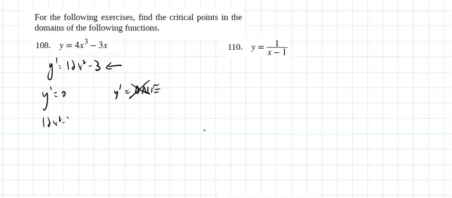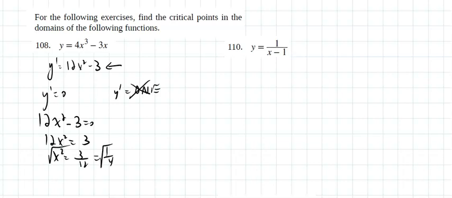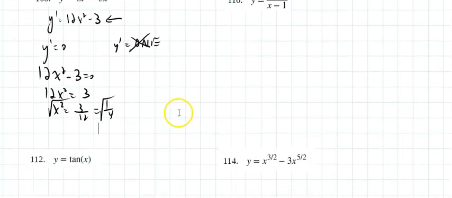When 12x squared minus 3 equals 0, 12x squared equals 3, x squared equals 3 over 12, which is 1/4, and if you square root both sides, you always pick a plus or minus.